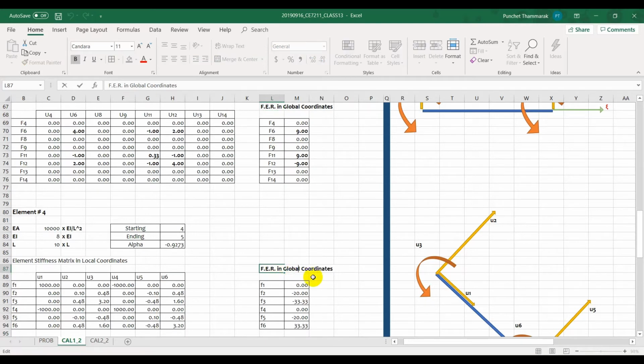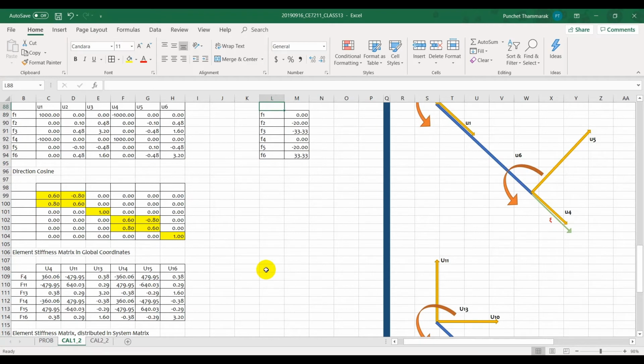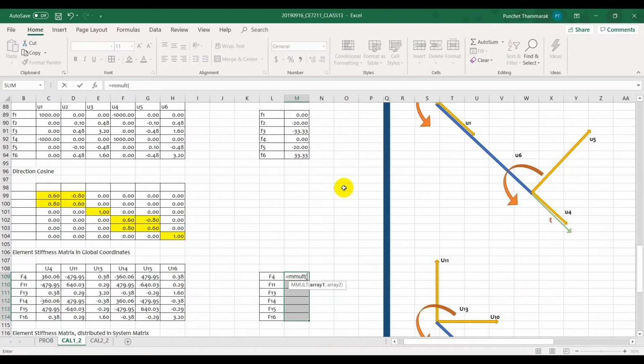So that means it has to be transformed into the global coordinate, and in order to do that, we will just make this equal to MMULT, matrix multiplication of the transpose of the direction cosine multiplied by the force, and close it down, and there you go.